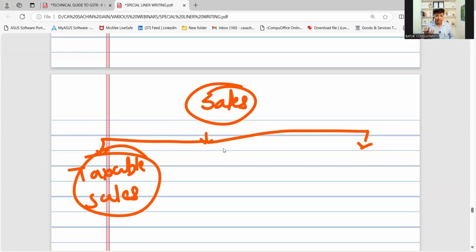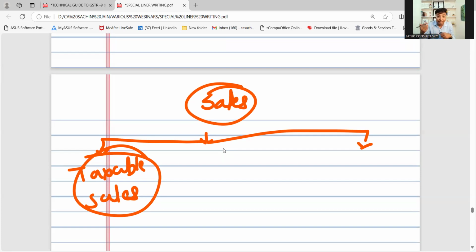There may be chances that a person is involved in the non-GST supply, that is petrol, diesel, aviation turbine fuel, motor spirit, these type of things. There may be chances that that person is involved in exempted supply through the notification, nil rated supply, or export without payment of tax. That person may be involved in such type of supply on which the recipient has to make the payment of the taxes. That means the supplier is not supposed to make any payment of tax.